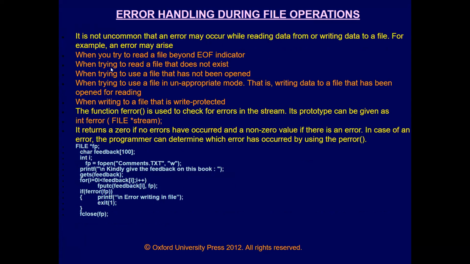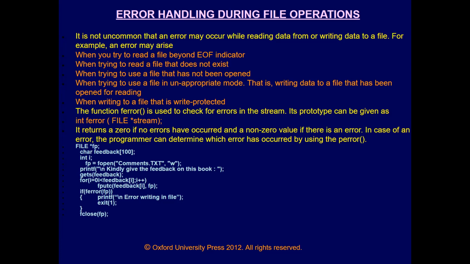Error handling during file operations is the next concept. It is not uncommon that an error may occur while reading data from or writing data to a file. For example, an error may arise when you try to read a file beyond the end of file indicator.